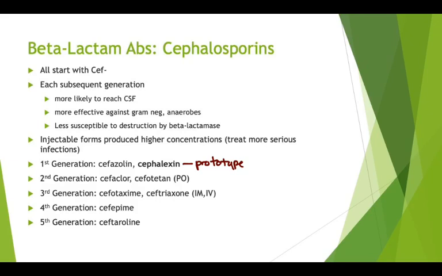Which one? Gonorrhea. Very good. So these are usually used for UTIs, a lot of the post-op infections, your pelvic infections, and meningitis. Those are the ones that we usually use your cephalosporins for.